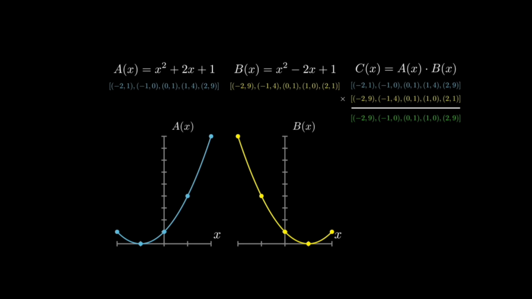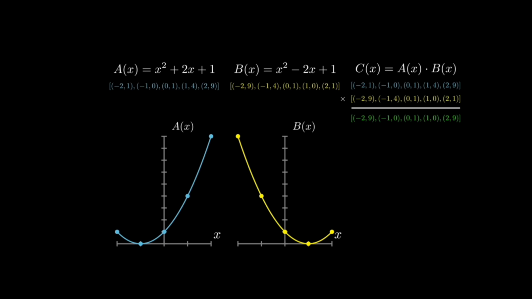These are the value representations of the polynomials. And this is the key idea in FFT based multiplication, that is, transforming from coefficients to values, multiplying the values directly, then converting back. Each x, y pair is a point on the graph of the polynomial.